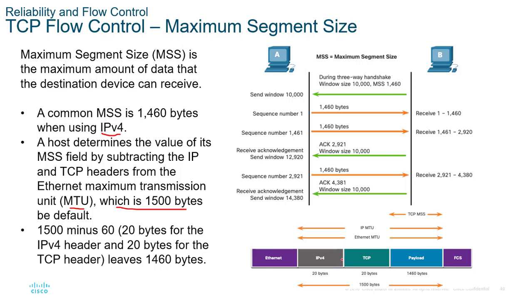And when we add on our IPv4 header, that's 20 bytes, and our TCP header, another 20 bytes. That should be a minus 40 here instead of 60. They made a mistake in the slides here, but that provides for that maximum segment size of 1460.